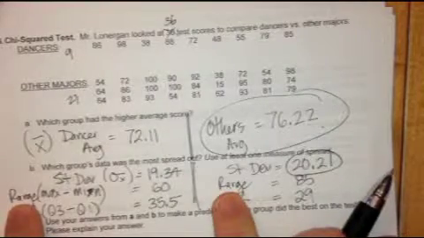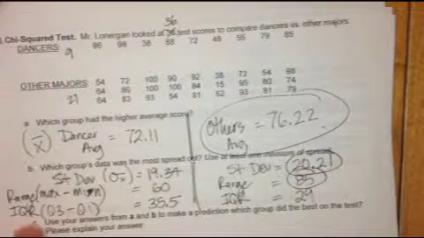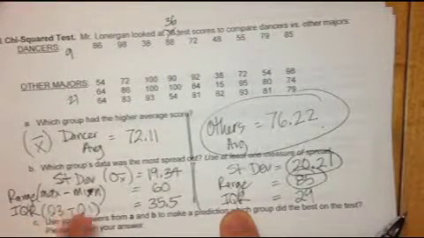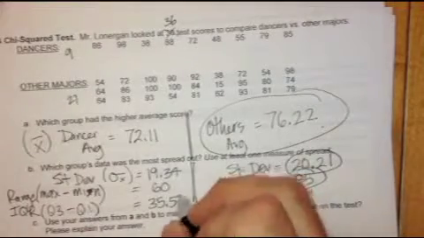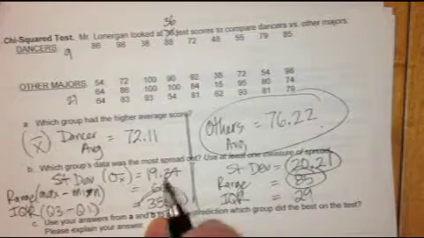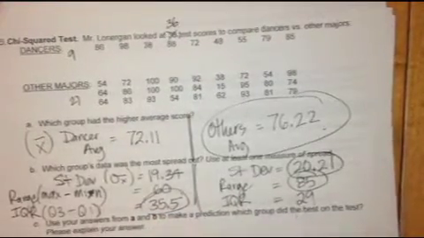If we're talking about range, the others were the most spread out. And if we're talking about IQR, the interquartile range for the middle 50% of the data, the dancers were the most spread out. So the answer can change, both are right, but it depends how you explain yourself.